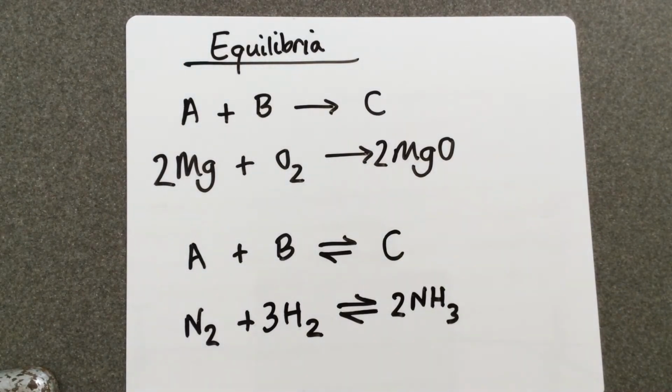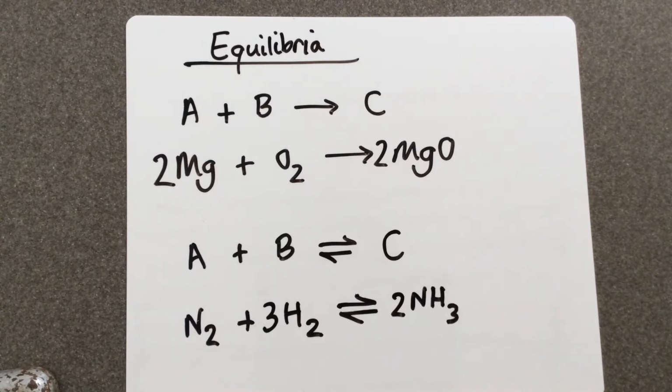So in my example of nitrogen plus hydrogen turning into NH3, ammonia, when I first get my nitrogen and hydrogen, they're going to react together and they're going to start to make the ammonia. So you think about what's going on here. The nitrogen and hydrogen concentration starts to go down and the ammonia concentration starts to go up.